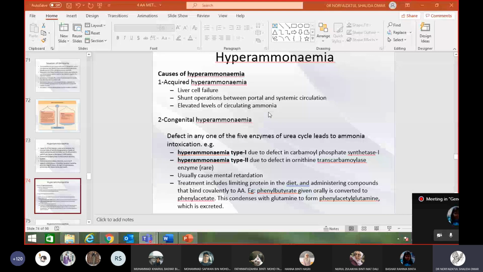Congenital hyperammonemia is due to a defect of the enzymes. Hyperammonemia type 1 is due to carbamoyl phosphate synthetase 1. Hyperammonemia type 2 is due to ornithine transcarbamylase enzyme, but most of the time it's due to carbamoyl phosphate synthetase.